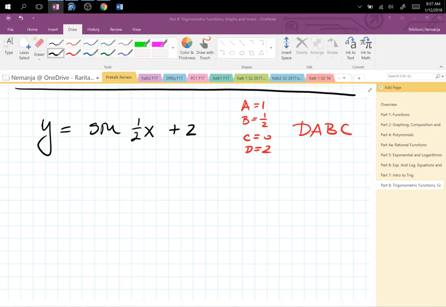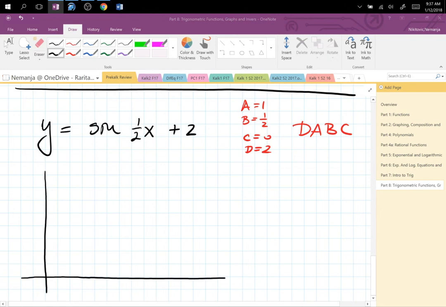Now it's +2, so the graph will shift up 2 units, so we are going to leave a lot of space above the x-axis and put the x-axis somewhere down.